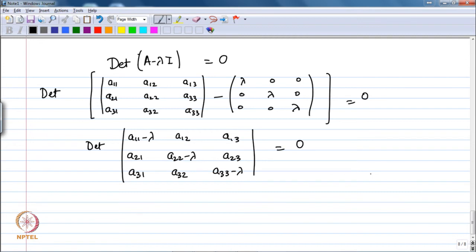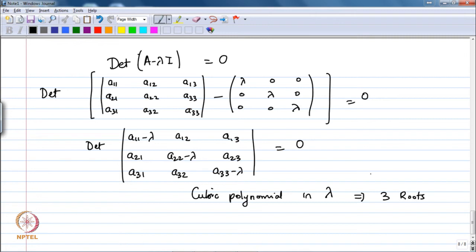You can clearly see that when you take the determinant, if you just look at the diagonal terms, you will have a term that involves lambda cube. So the left hand side is a cubic polynomial in lambda, and that implies that there are 3 roots.